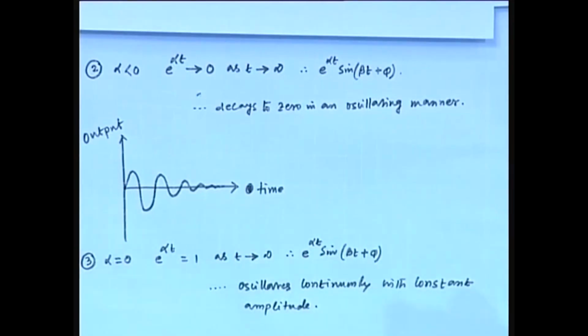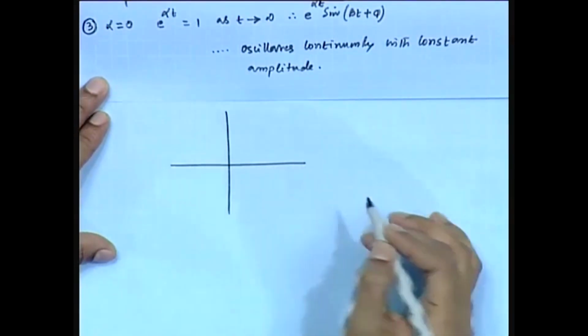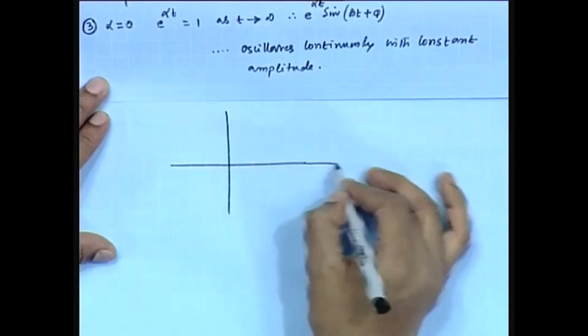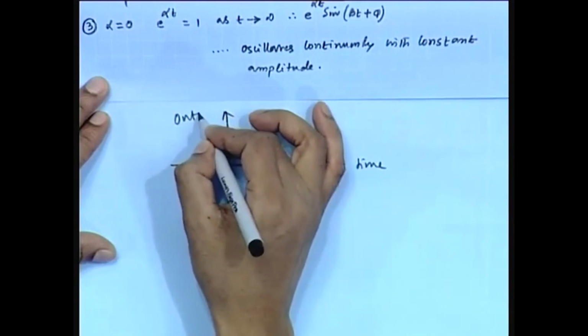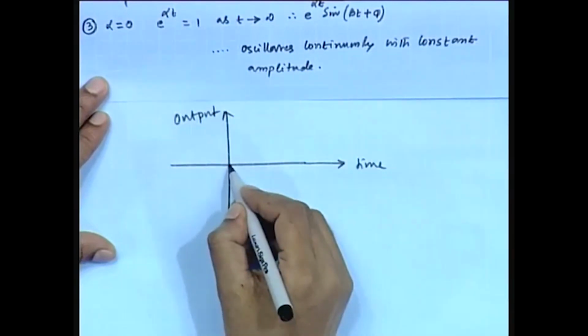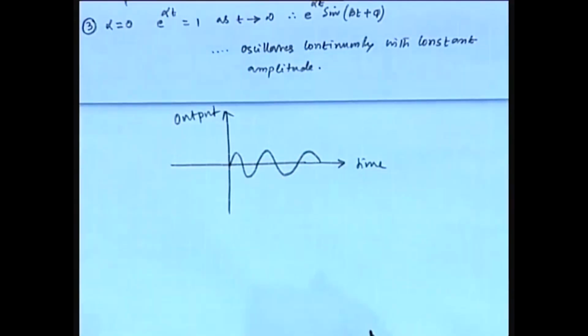This is sometimes called marginally stable, and for this case the graphical representation is, okay, fine, this is time, this is output, like this.